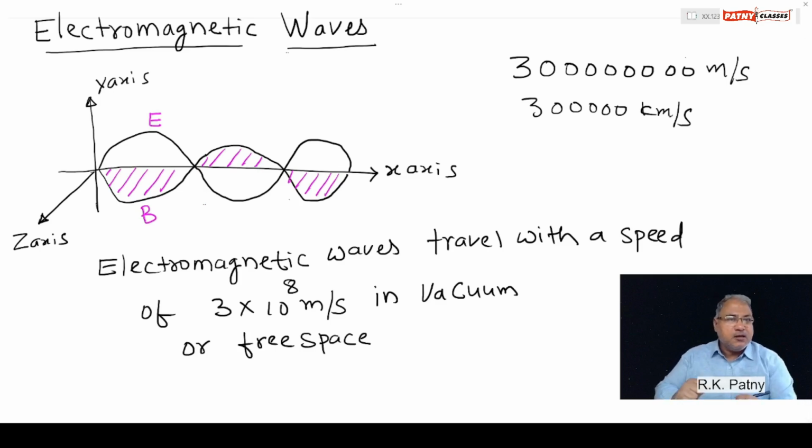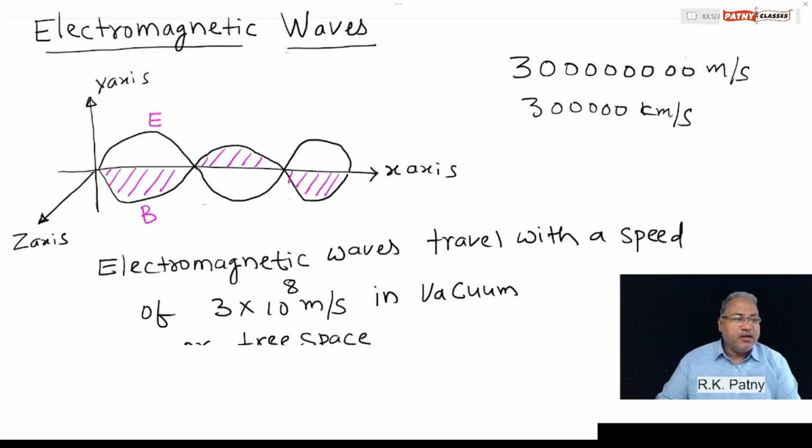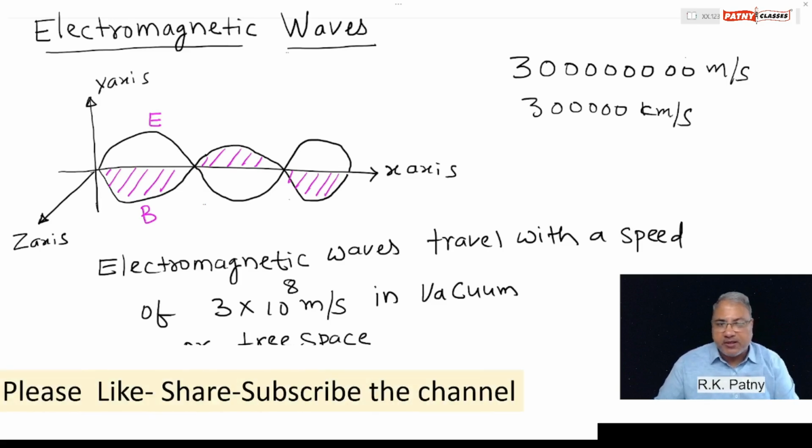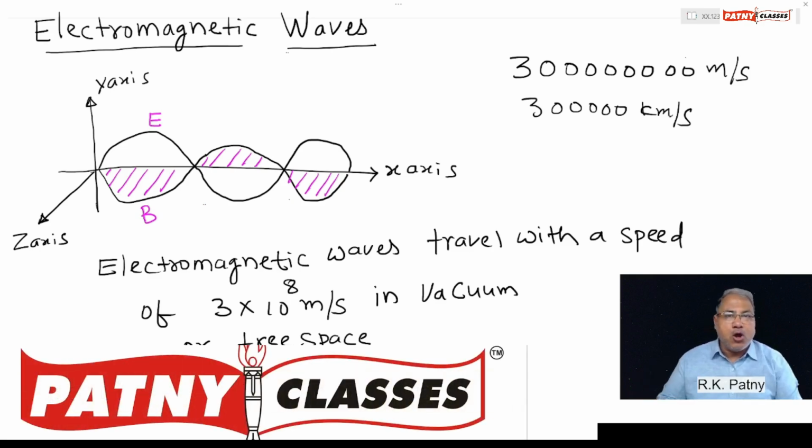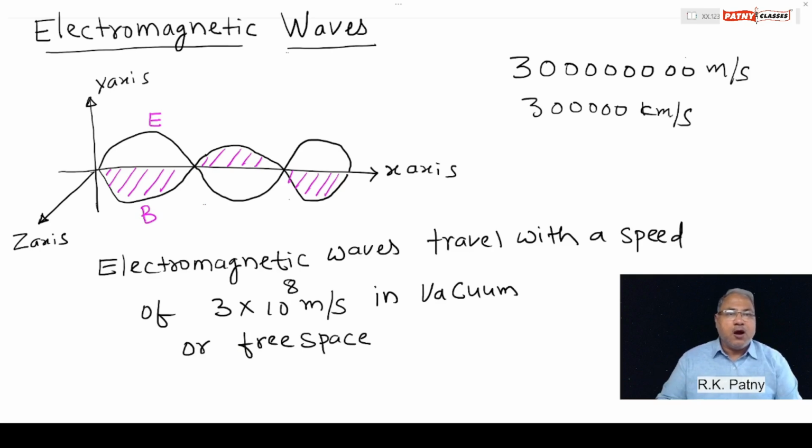So they are the king of waves. No other waves travel with this speed, but electromagnetic waves can travel 3 lakh kilometers per second in vacuum or free space. But in a medium, when you give a medium like a wall or glass or wood or liquid or gas, the speed of electromagnetic waves will depend upon other factors like permittivity and permeability.